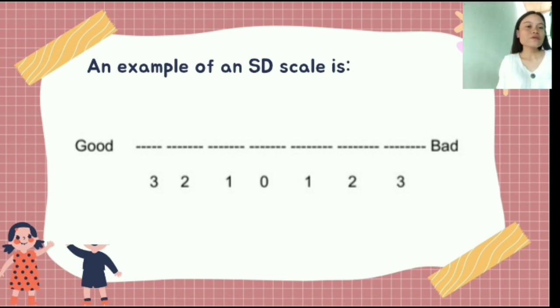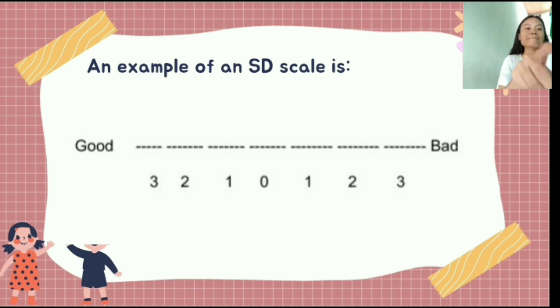As you can see from the illustration, usually the position marked 0, class, is labeled neutral. The 1 position here is labeled slightly, the 2 positions here are labeled quite, and the 3 positions here are labeled extremely. For instance, a 3 that is close to good would mean extremely good, for the performance of the students is extremely good.